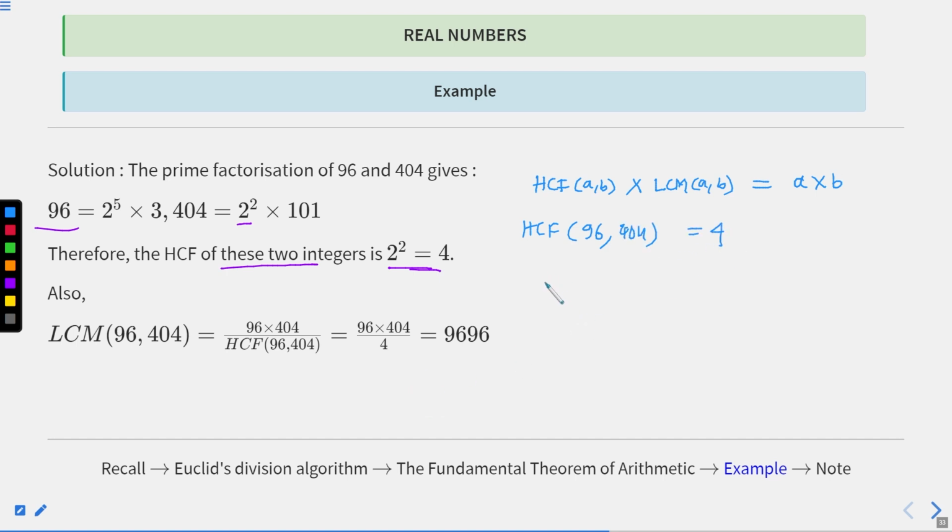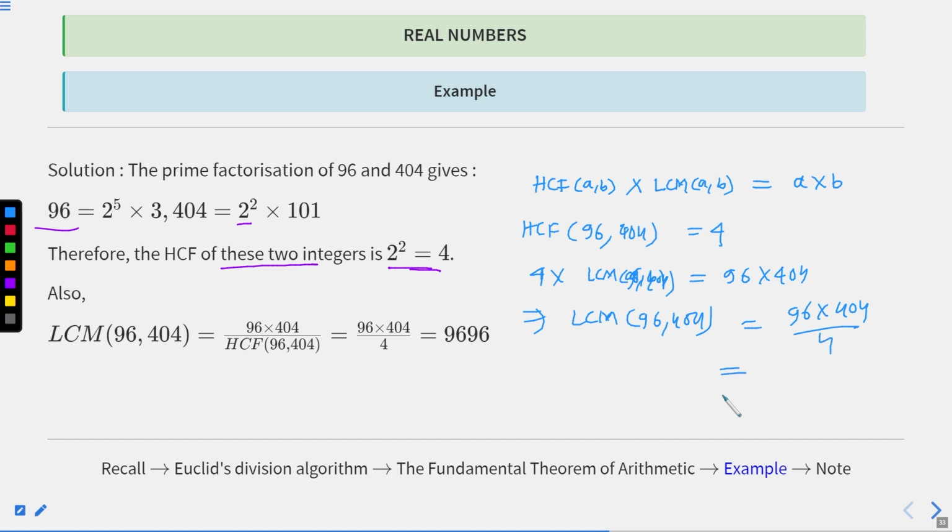So now 4 into the LCM of a, b is equal to 96 into 404. It implies the LCM of 96 and 404 is equal to 96 into 404 divided by 4, and it is equal to 9696. So the LCM of 96 and 404 is equal to 9696.